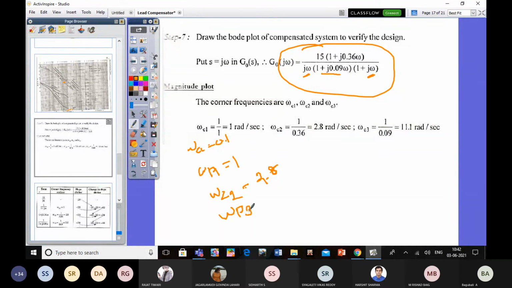So what is omega p3? 0.09 T, so 1 by 0.09 is 11.11 radians per second. Any doubt, dear? Next, what do we have to do? You have to choose one omega H. Choose any value; I will take 20 radians.